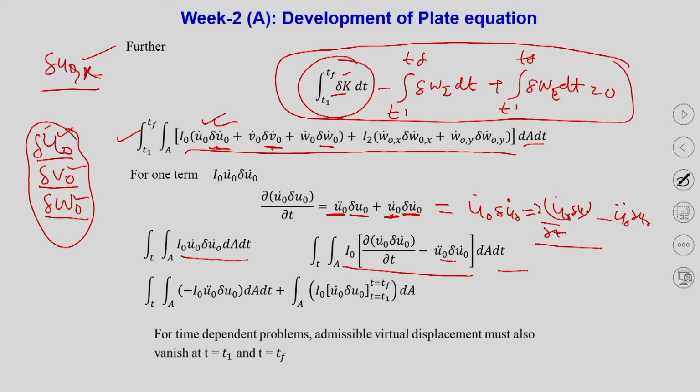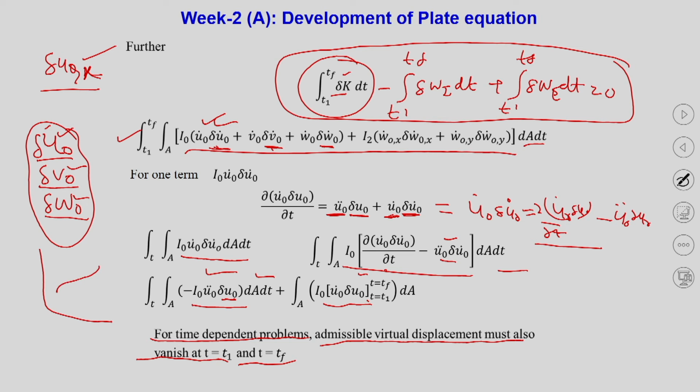Now, this will remain on area, and it is fine with us that del u naught is a variation in the primary variable, not in its derivative, space or time. Then again this derivative with respect to time and time integration is there. So, it will be integrated over time and putting the limit over there. Now, for time dependent problems, admissible virtual displacement must also vanish at the initial time and final time.